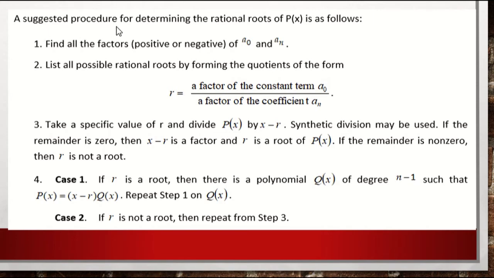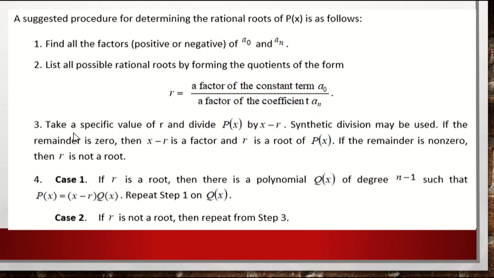A suggested procedure for determining the rational roots of p of x is as follows. Number 1, find all the factors, positive or negative, of a sub 0 and a sub n. Number 2, list all possible rational roots by forming the quotients of the form r is equal to a factor of the constant term a sub 0 over a factor of the coefficient term a sub n.